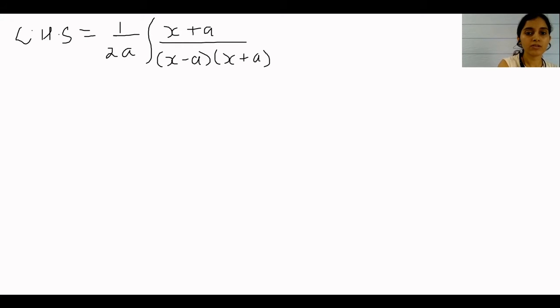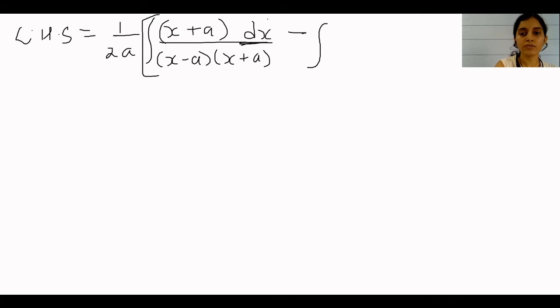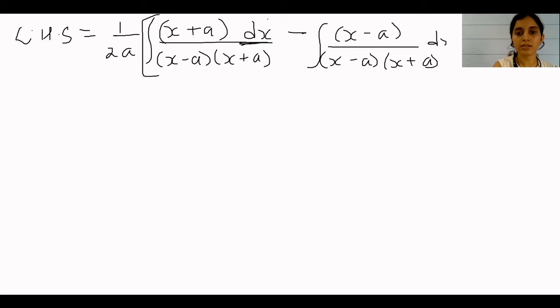We have a minus sign and we have dx here, so we put dx, integration of x minus a divided by x minus a, x plus a, dx. What did I do? Separated the numerator and given the denominator to each of the terms in the numerator, the factors. Also, integration is separated and 1 upon 2a is still outside.